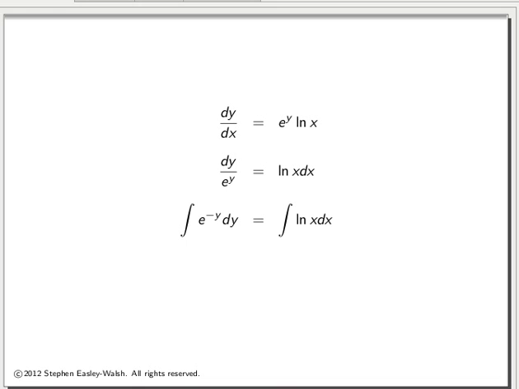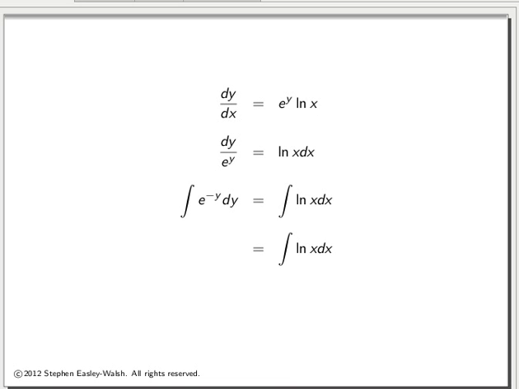We did this in semester 1. So what do I get on the left? Log of e to the y. No, try again. On the left, the antiderivative of e to the power minus y. It's not log. Antiderivative of e is e, so e to the minus y?